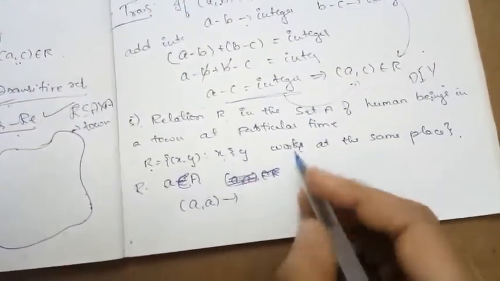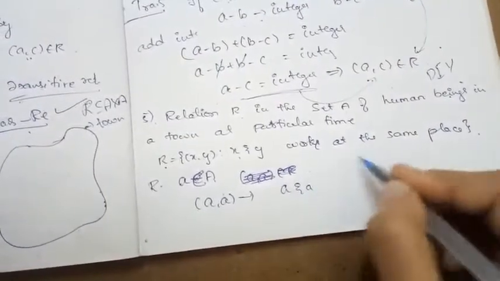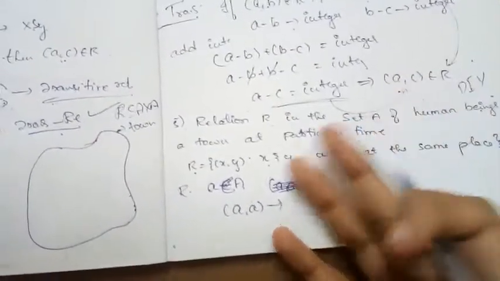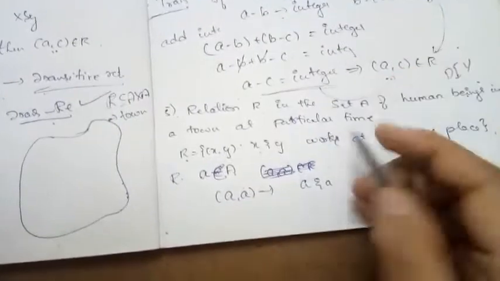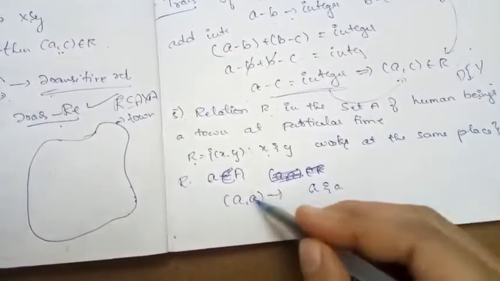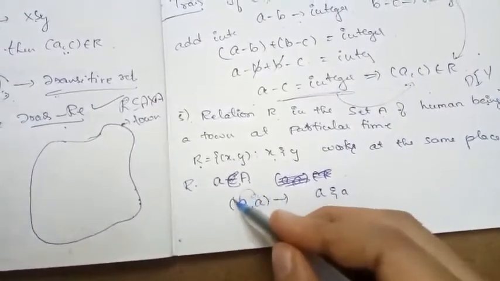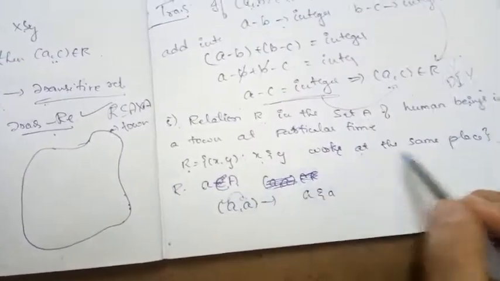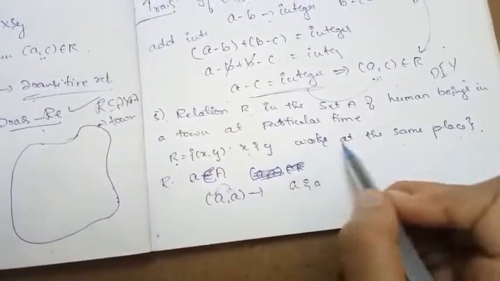It says a and a work at the same place. One person and the other person is he or she itself. If I call them a and a, both are one and the same person. So the same person works at the same place.